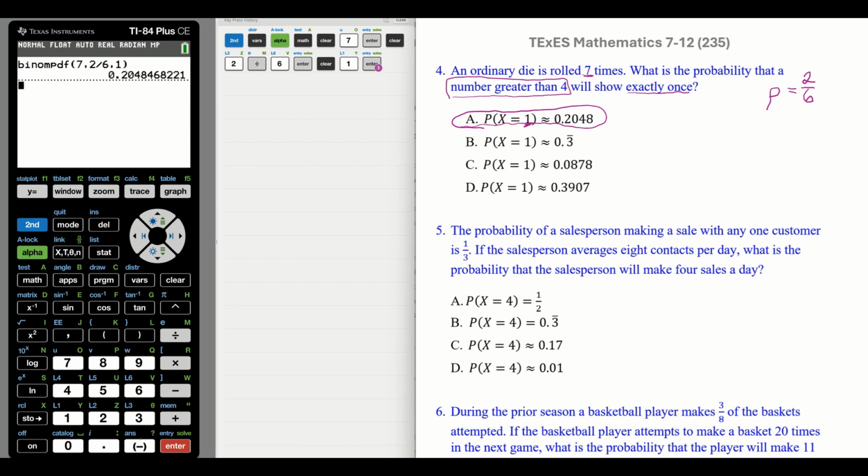Number 5, the probability of a salesperson making a sale with any one customer is 1/3, 1 out of 3. If the salesperson averages 8 contacts per day, what is the probability that the salesperson will make 4 sales per day? Okay, so let's go back to the 1/3.